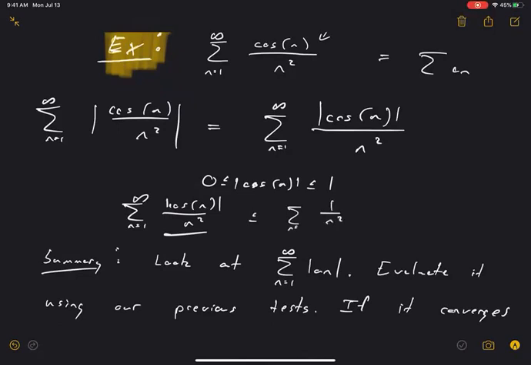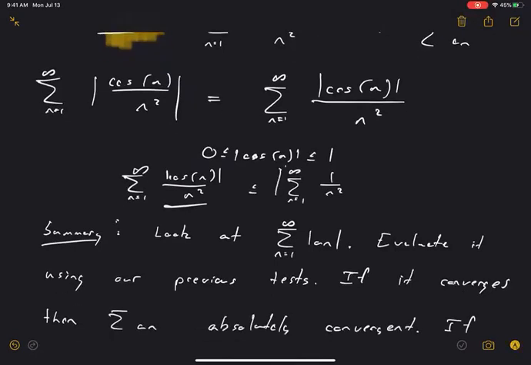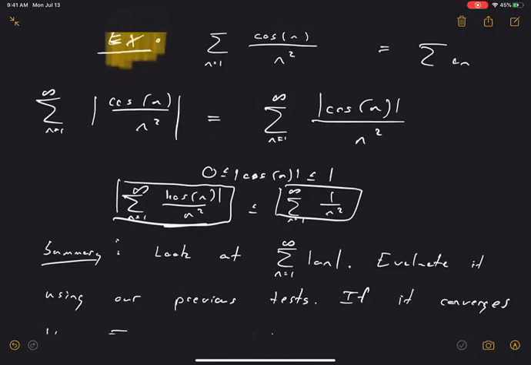So my series is less than or equal to this series. And what do I know about this series? It's a convergent p-series. So this thing converges by comparison. So my series of absolute values is convergent.